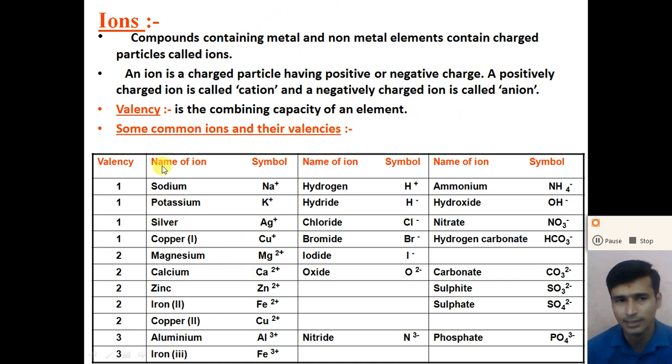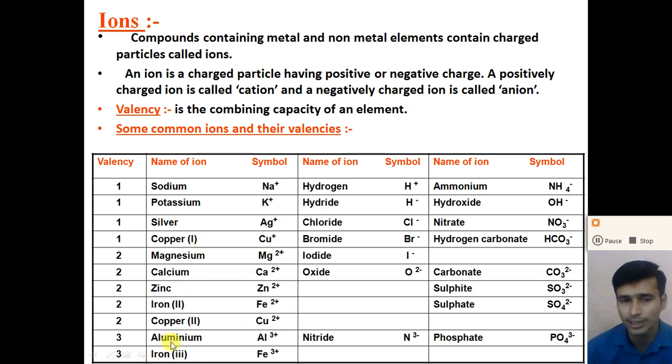For example, sodium, potassium, silver, copper have the combining capacity +1, right? These are all positive ions, called cations. Magnesium, calcium, zinc, iron, copper have a combining capacity of +2, cations.